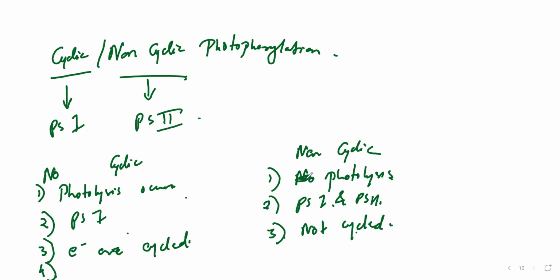Yeah. So here in the cyclic, just ATP is formed. But in the non-cyclic, what will happen? Both ATP and NADPH will be formed.